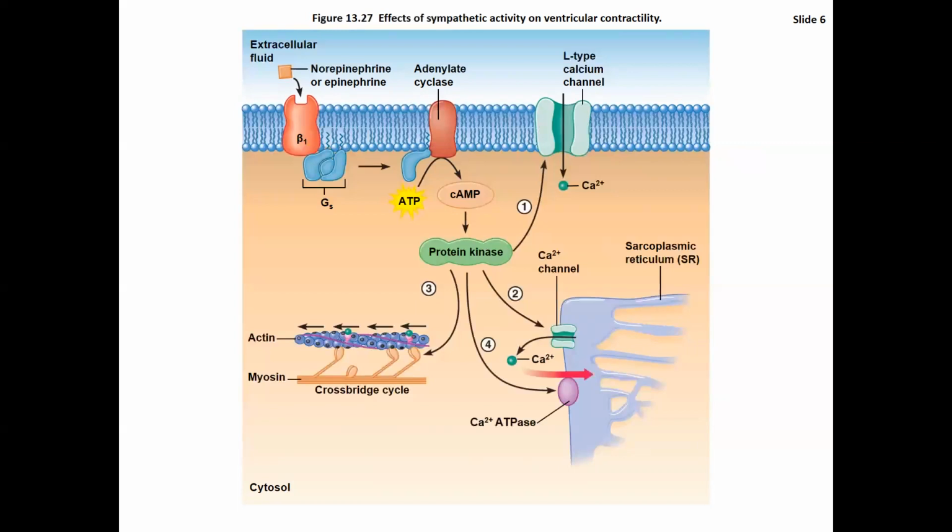So increasing the presence of calcium ATPase pumps on the SR increases how fast the muscle can relax by pumping that calcium out, which also increases the ventricular contractility. All right, so these 4 mechanisms are how the sympathetic division of the nervous system increases ventricular contractility.